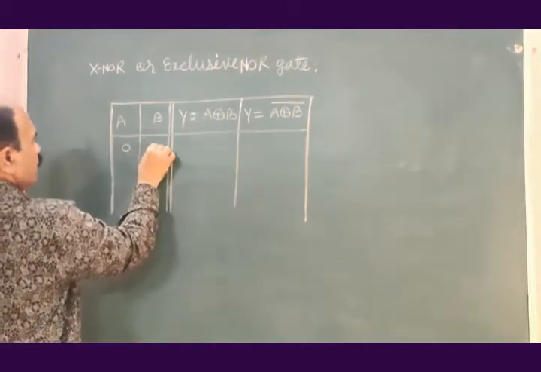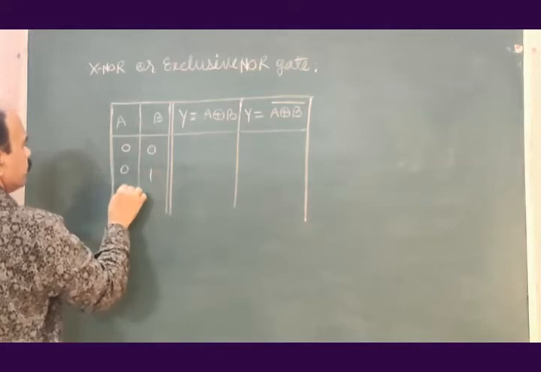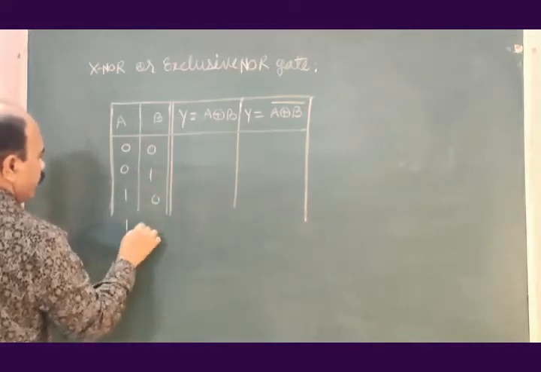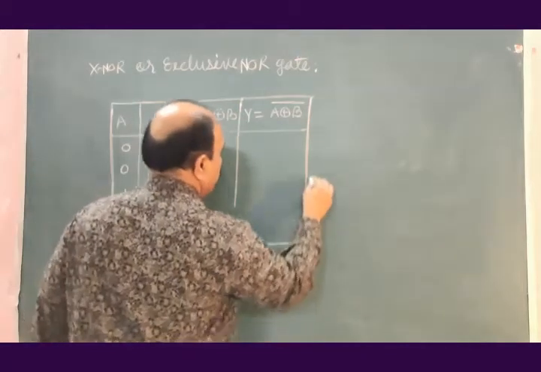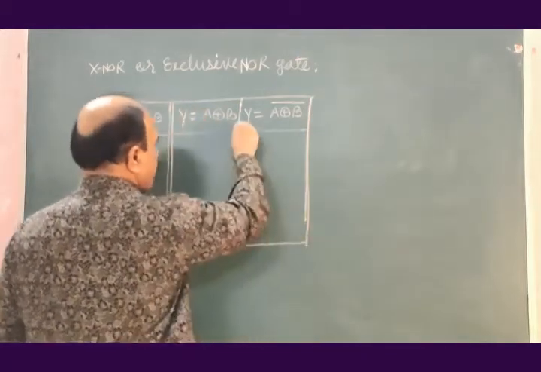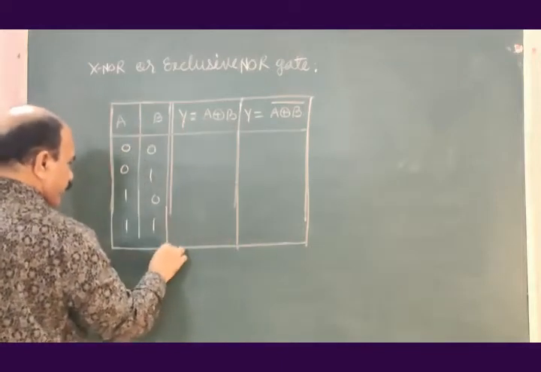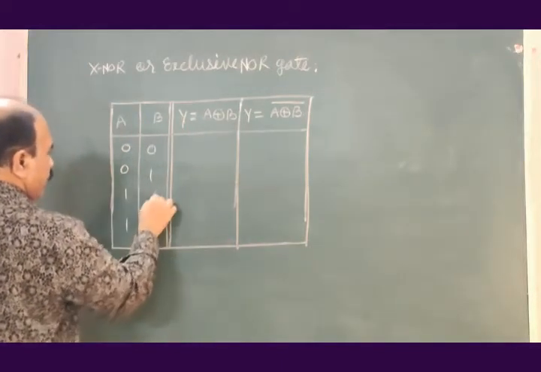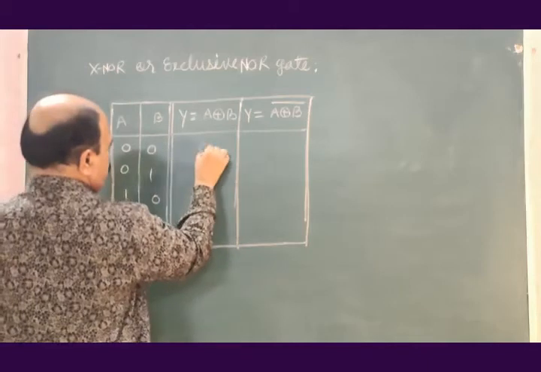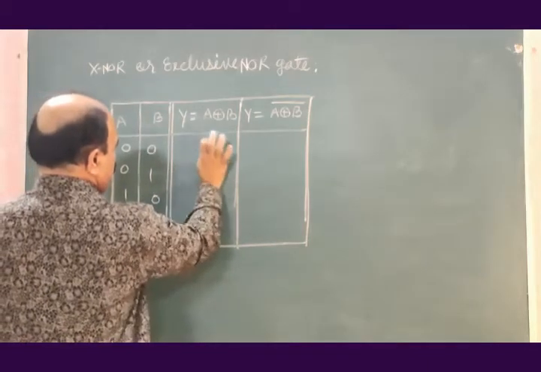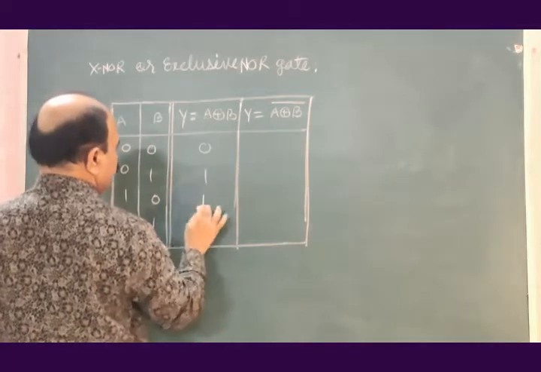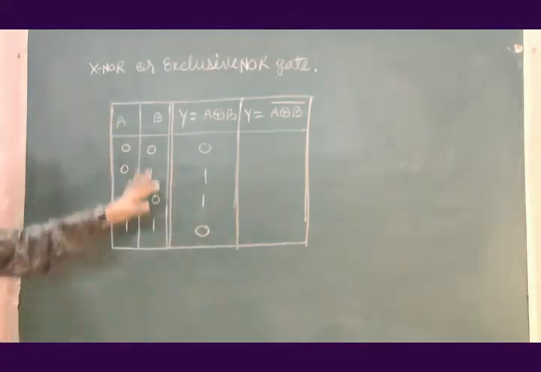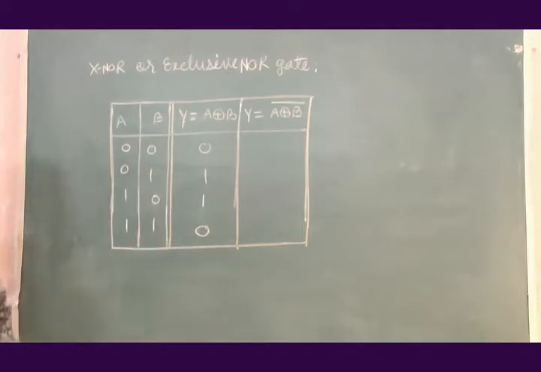Two inputs, four input conditions. Zero plus zero, zero, zero plus one, one, one plus zero, one, one plus one, zero. This is the truth table for two input XOR gate.